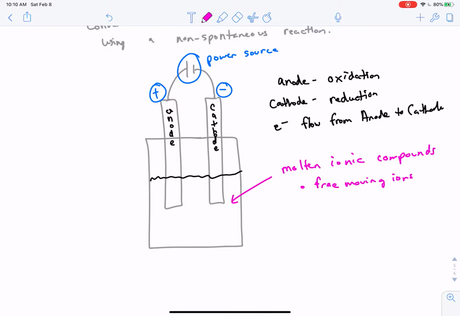Okay, careful with electrons versus ions. In this case, it's ions because it's an ionic compound. So you have free moving ions. Electrons usually are explained in metallic bonding and things like that. So choose your words wisely here. Molten ionic compounds are used because you have free moving ions so that electricity can pass through the substance. If it was solid, it wouldn't, because they're all fixed ions. So that's a really important case here.